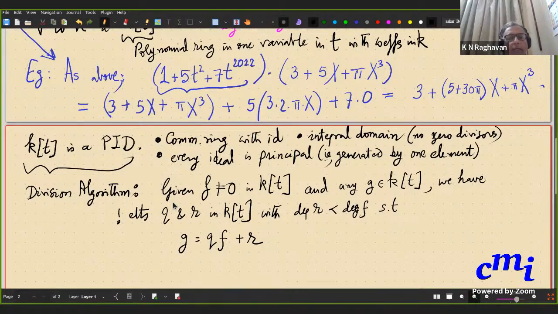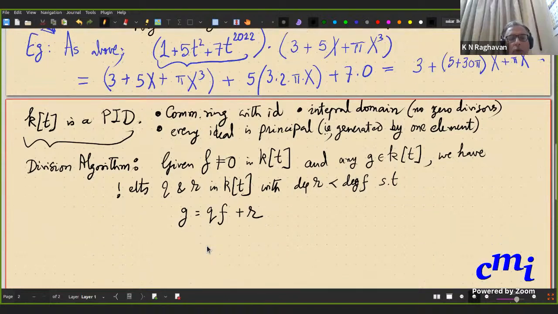If f starts with t to the power 3 and g has t to the power 10 in it, I keep dividing g until the highest degree comes down below that of f, and then I'm not able to divide. This is just a formalization of that procedure.